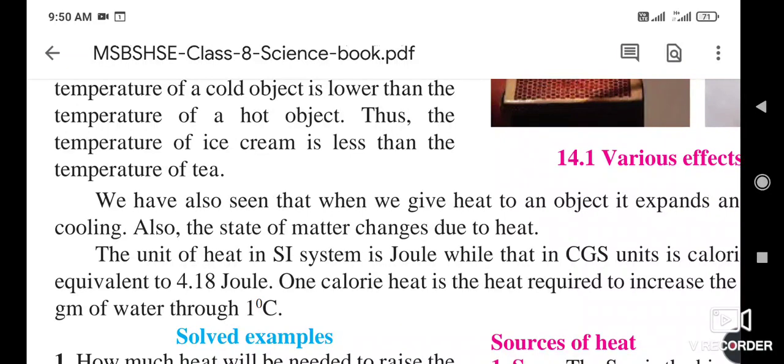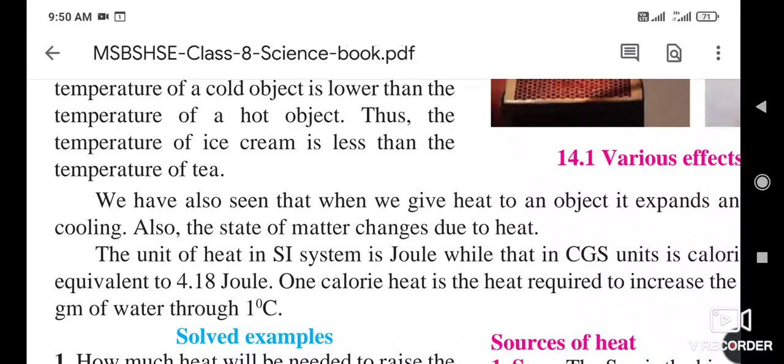Okay, and when we keep water into the freezer at a lower temperature, that water turns into the ice form. So ice is the solid form of water.